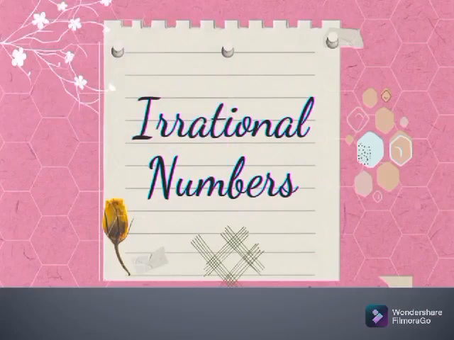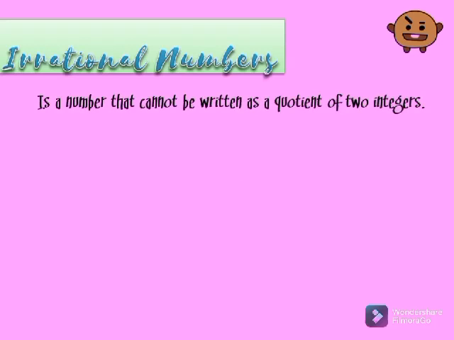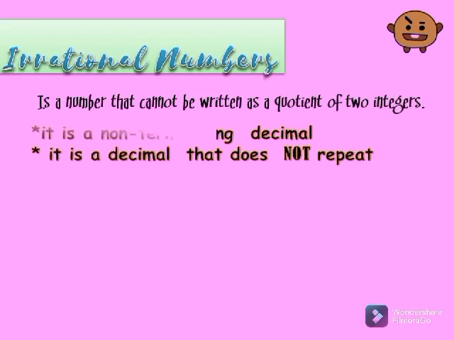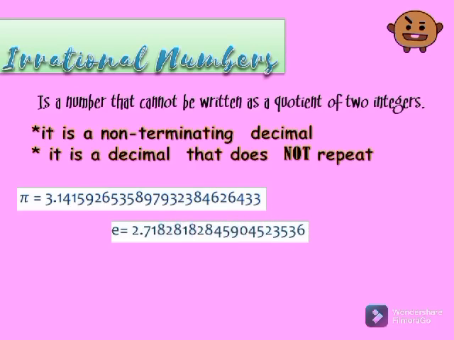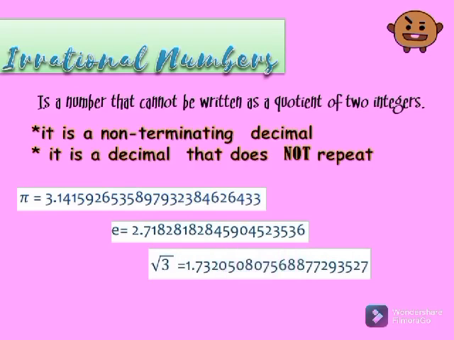Irrational numbers. An irrational number is a number that cannot be written as a quotient of two integers. It is a non-terminating decimal and a decimal that does not repeat. Examples: the value of pi, Euler's number, and the square root of 3.